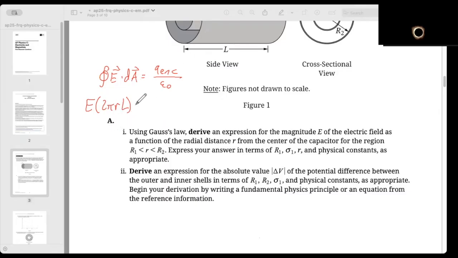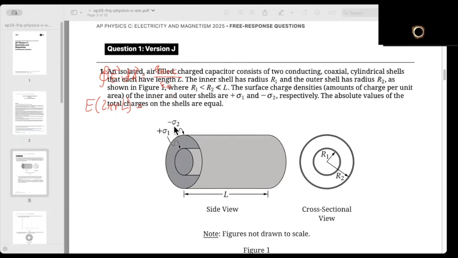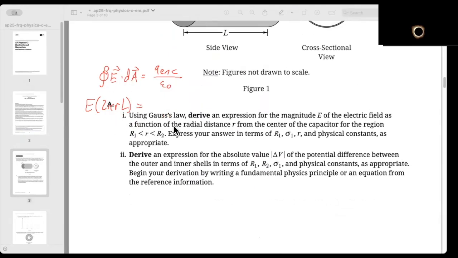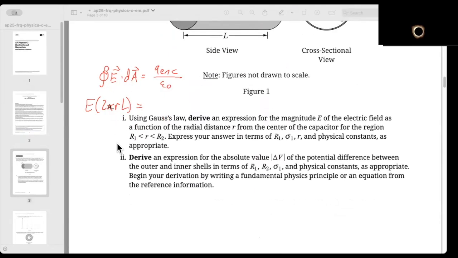The enclosed charge should be given by the charge. Let's see, this is a conductor, I believe. Yeah, two conducting. So that means that all of the charge on the inner cylinder is on the surface. And the surface area of your inner conductor is 2 pi r1 L, where these two L's are going to be the same thing. Again, you see that it doesn't matter because they're going to cancel out.